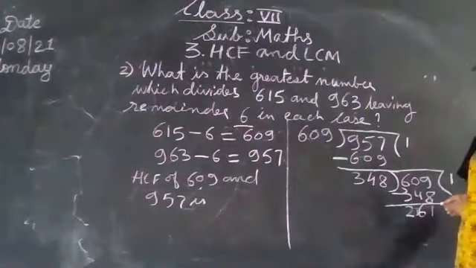261. Now this remainder becomes divisor, and this divisor becomes dividend. 348. So here 261 1s are 261. What is now? 8 minus 1, 7. 14 minus 6, 8. And this 2 minus 2, 0. 87.